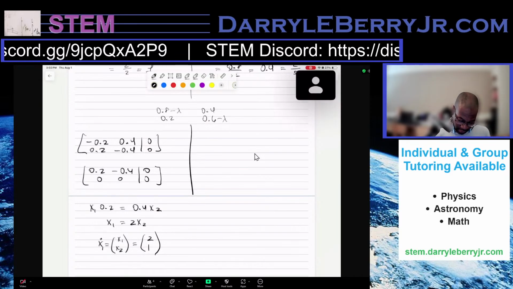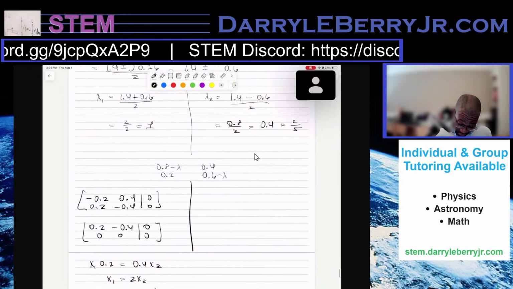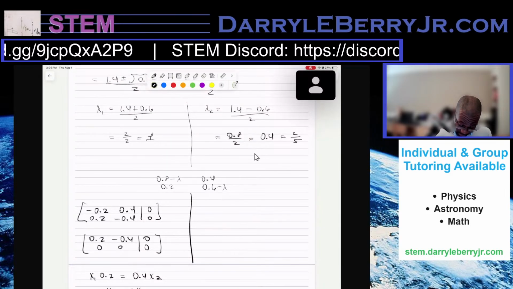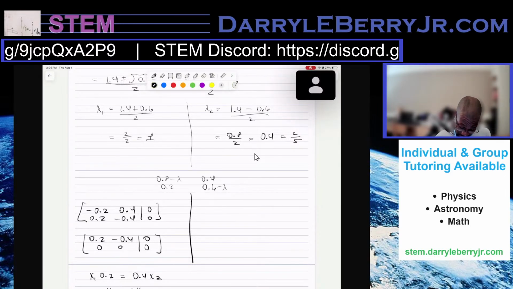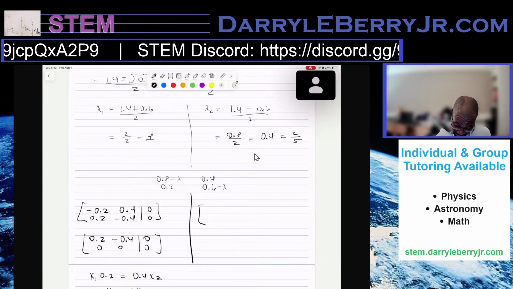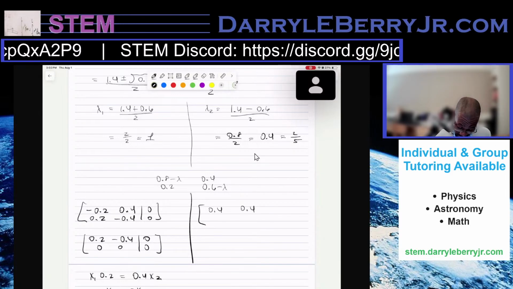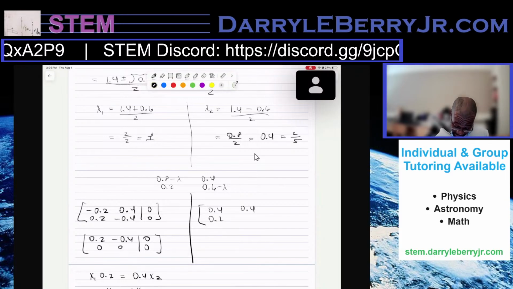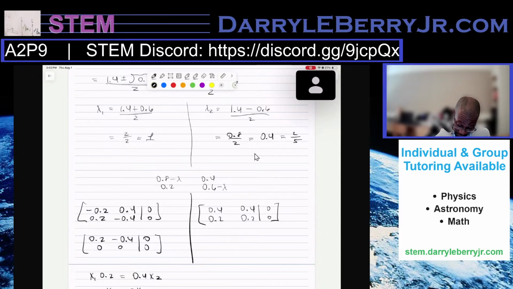All right, so that's our first eigenvector. So now we're going to get the other one. So this one is going to be 0.8 minus 0.4. So yeah, I don't have to actually use the fraction. So 0.8 minus 0.4, that's 0.4, 0.4, 0.2, and 0.6 minus 0.4 is 0.2, 0.